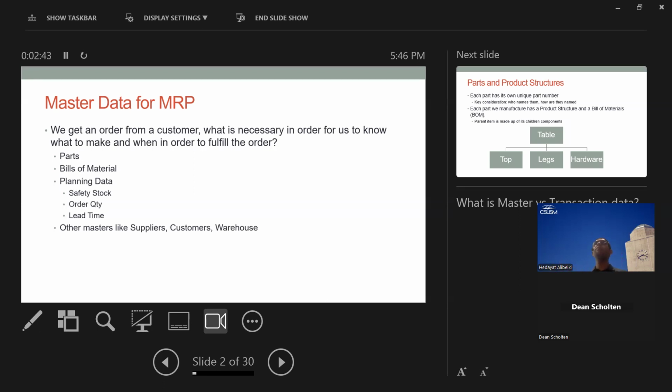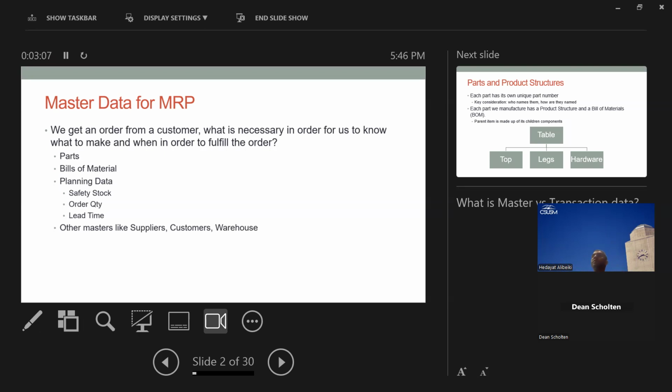The parts table usually includes finished items, work in progress, as well as raw material, purchased material, whatever you purchase from your supplier. All of them are included in the parts table. So we need that in order to have the list of those items.